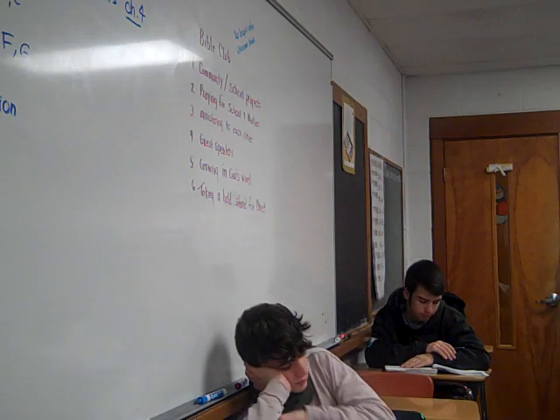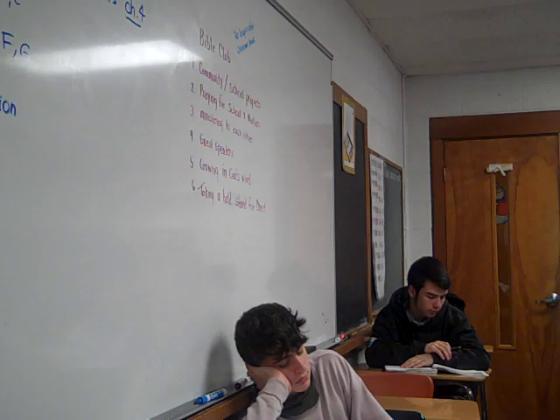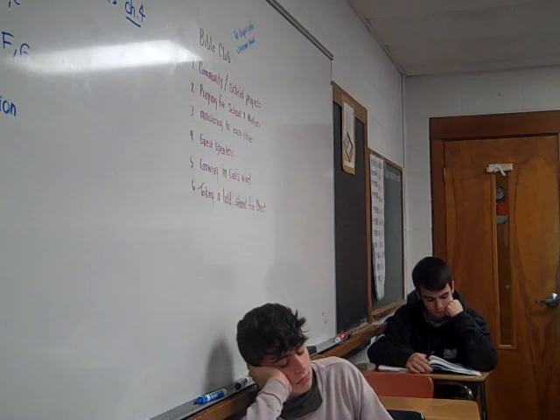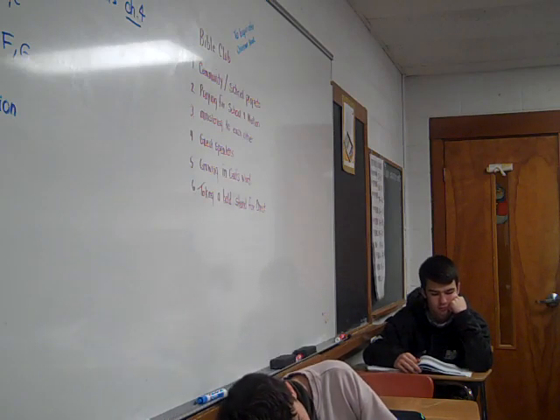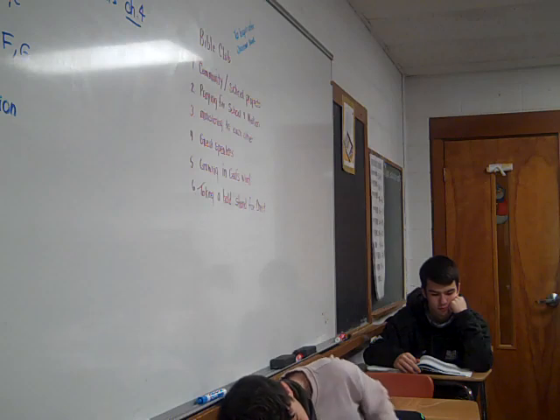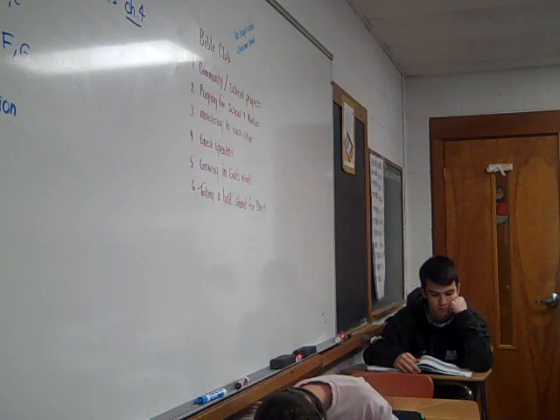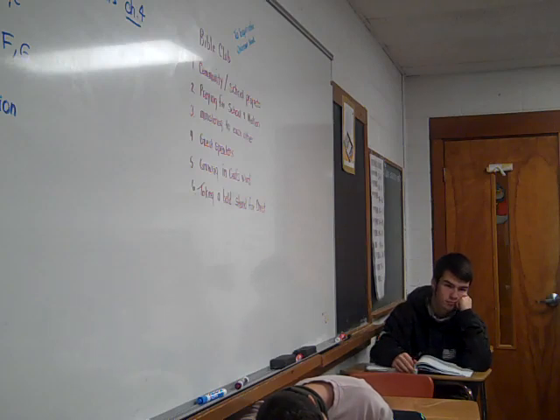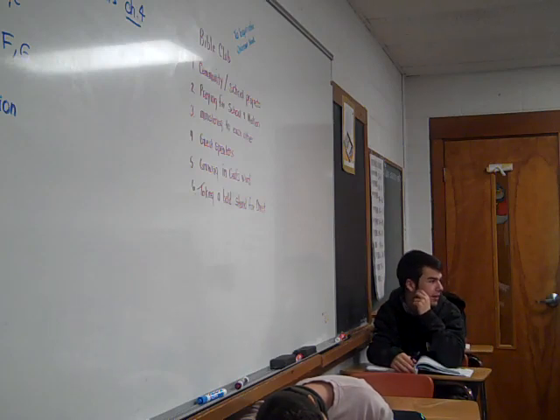Okay, using active and passive voice. If the subject is doing the action, the transitive verb is the active voice. If the subject is doing the action, then it's active voice. Everyone say that with me. If the subject is doing the action, then it's active voice.